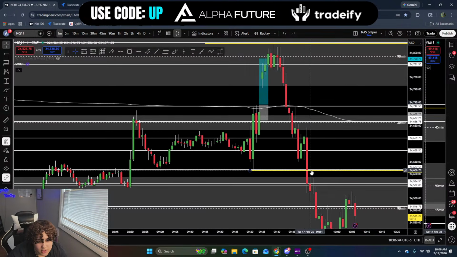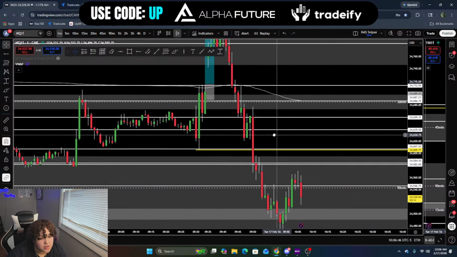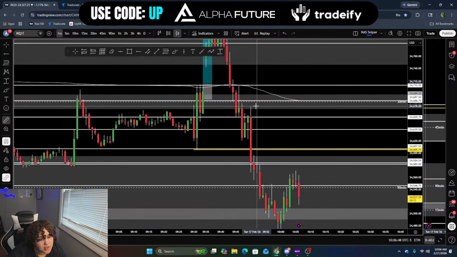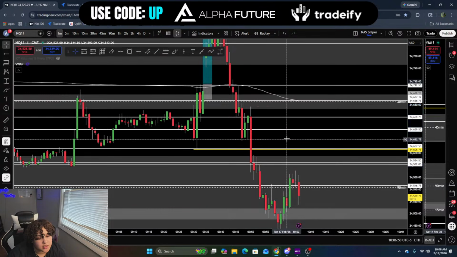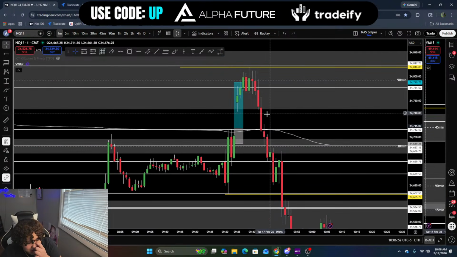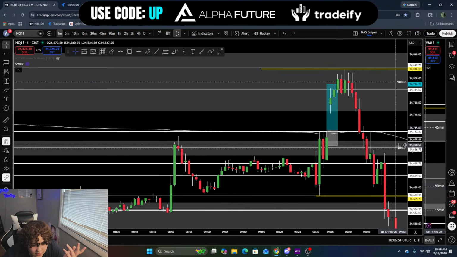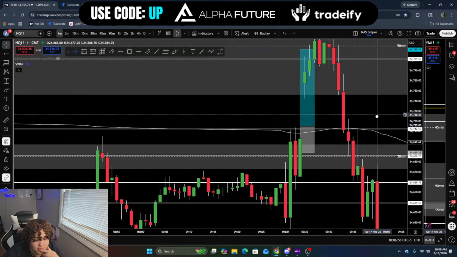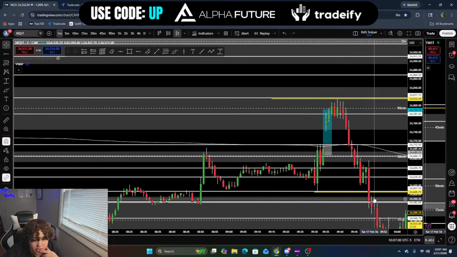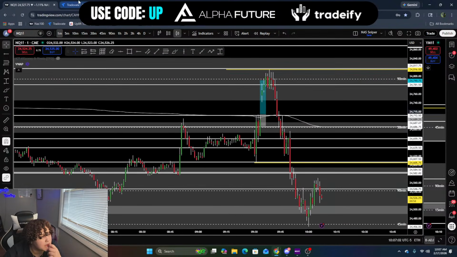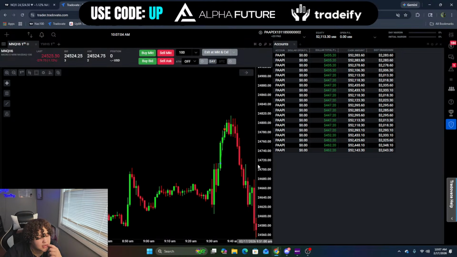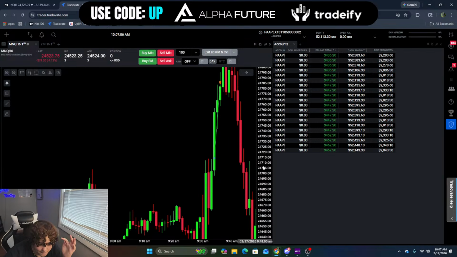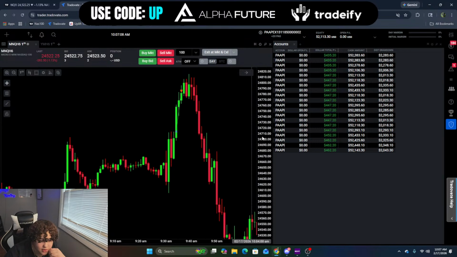Even this 1 minute candle here, it's nasty. Even the trade that I took, on TradingView it looks like it just gapped up. So it's actually a crazy trade on Nasdaq. It's a big move, pretty quick.